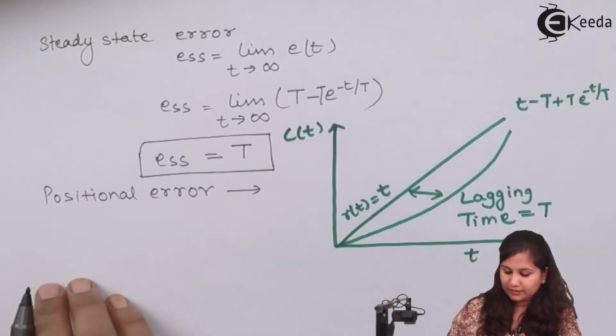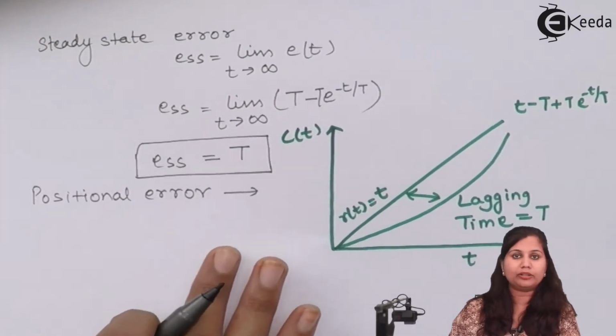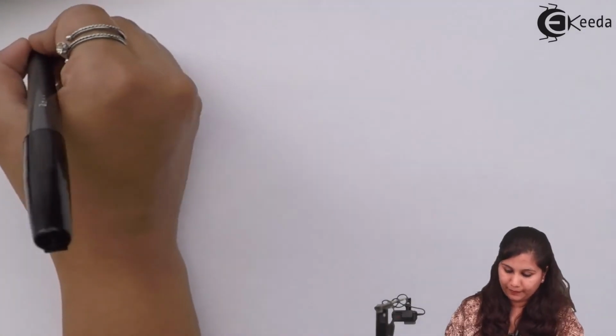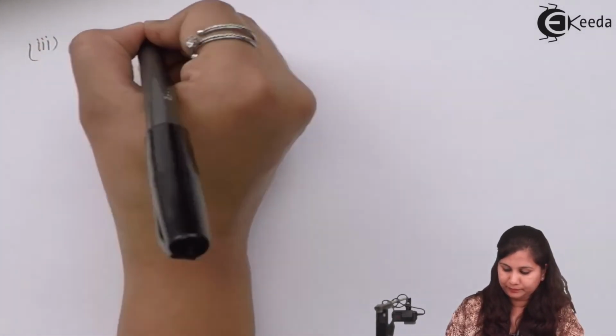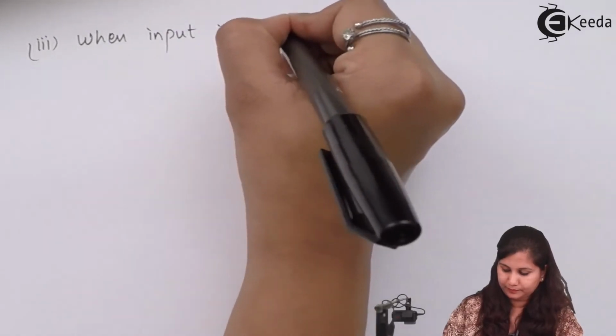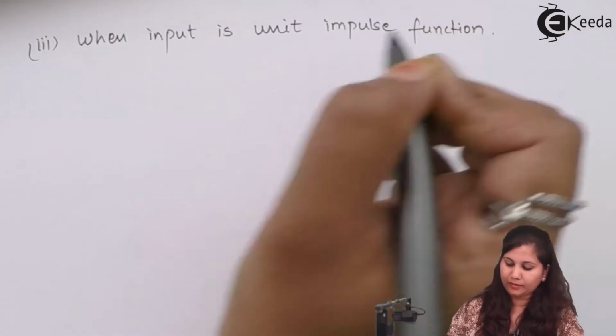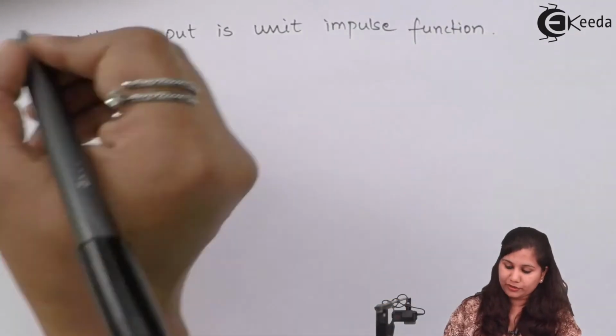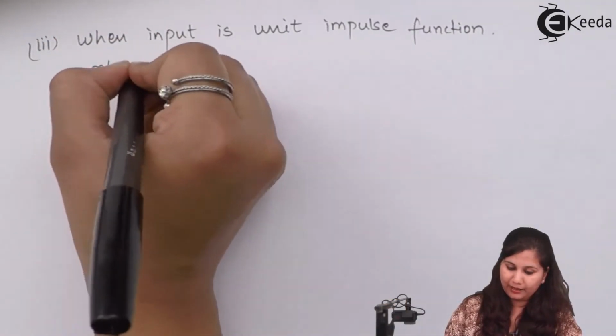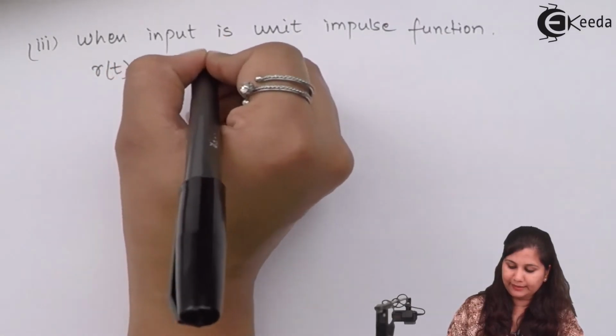Next we will consider the third input test signal, that is the unit impulse function. Let's see what the output response will be in this case. For unit impulse function, it is represented by r(t) equals delta t.